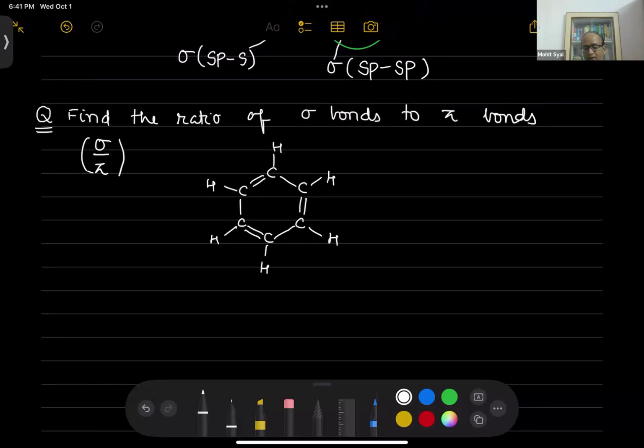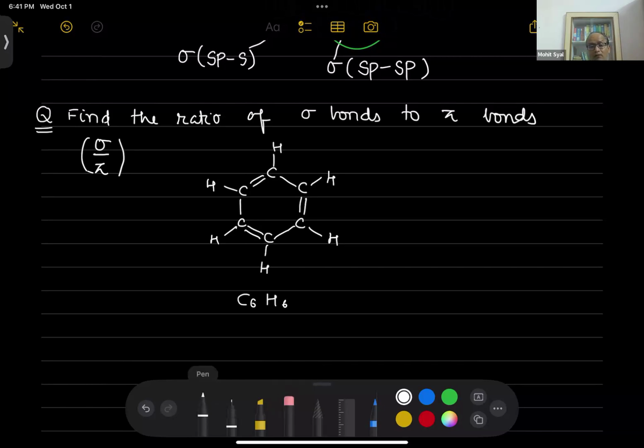How many carbon atoms are there? There are 6 carbon atoms and 6 hydrogen atoms. C6H6. Absolutely correct. What is the ratio of sigma bonds and pi bonds in this? Just tell me quickly.